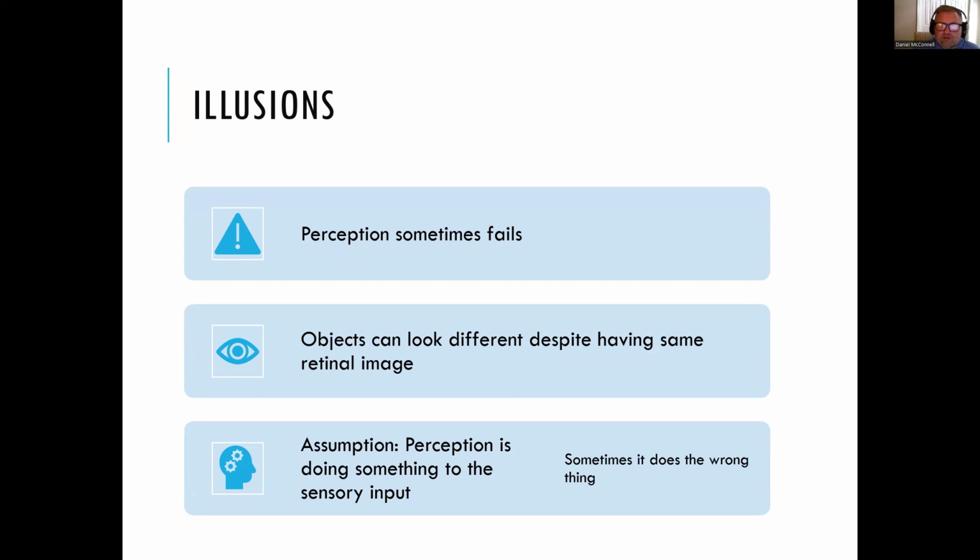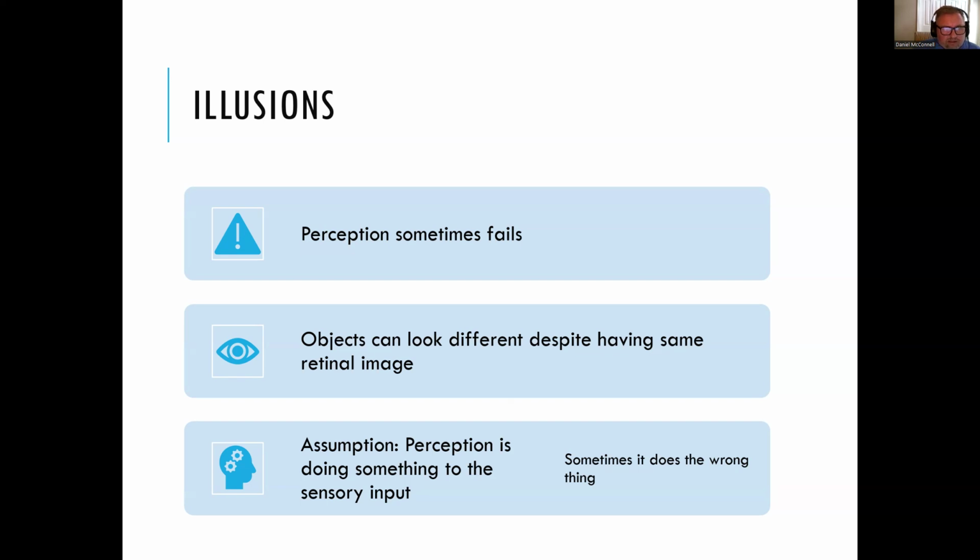So we might say that perception largely works. Sometimes it fails. The dress and checkerboard illusion provide some examples. In fact, the whole study of illusions is part of trying to understand what's going on between sensation and perception.